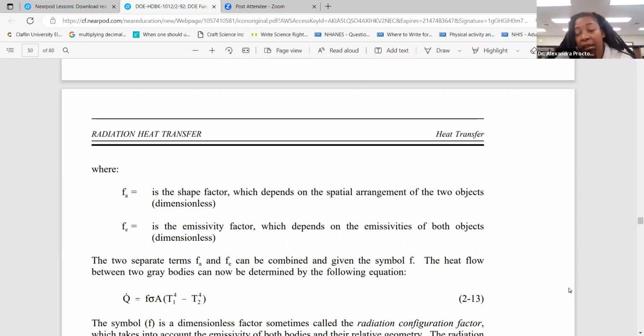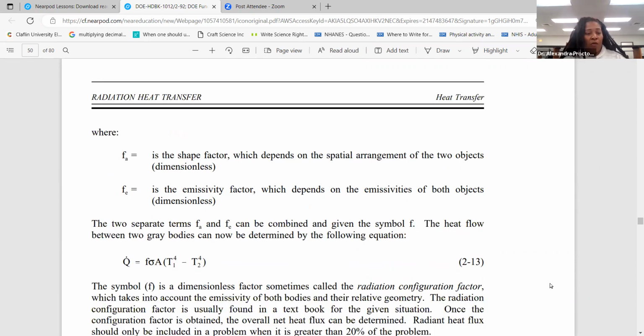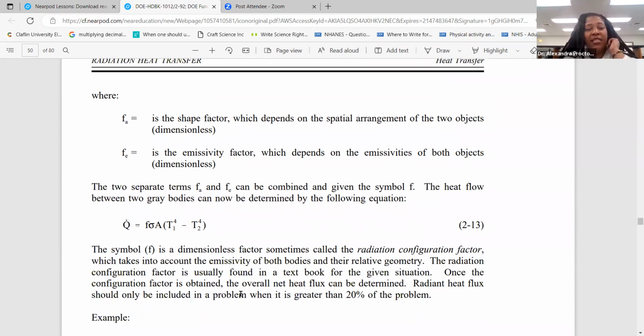So you combine F sub A and F sub E into just F. So Q is equal to F sigma A times T1 to the fourth power minus T2 to the fourth power. The symbol F is the radiation configuration factor, and it takes into account the emissivity of both bodies and their relative geometry.